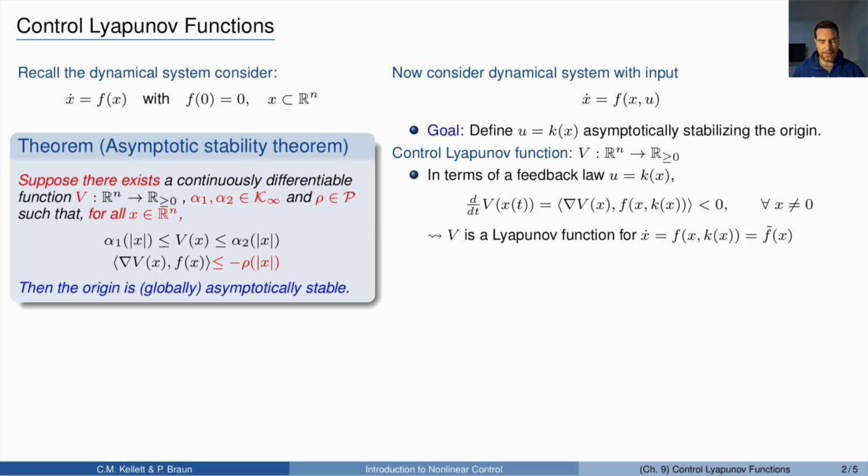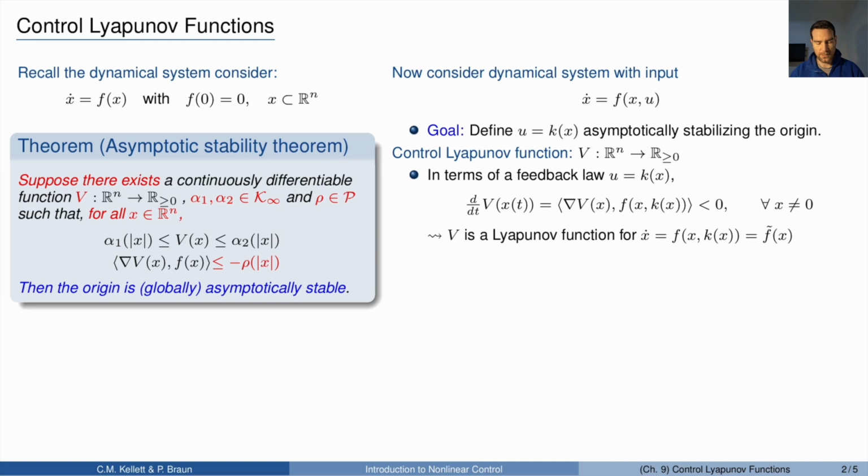And then we can go back to our setting of Lyapunov functions, namely if we plug in the definition u is equal to k of x in our decrease condition here, then f of x, k of x only depends on x, not on u anymore. So if we can find a k such that the decrease condition holds, then V is a Lyapunov function for the closed loop system.